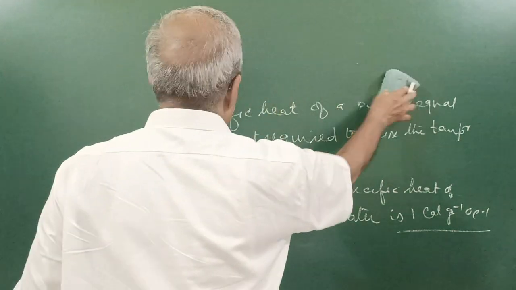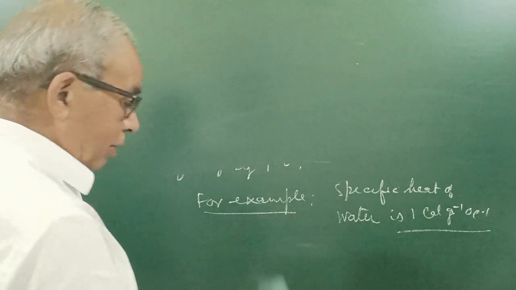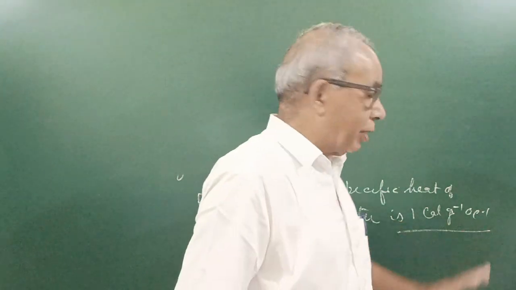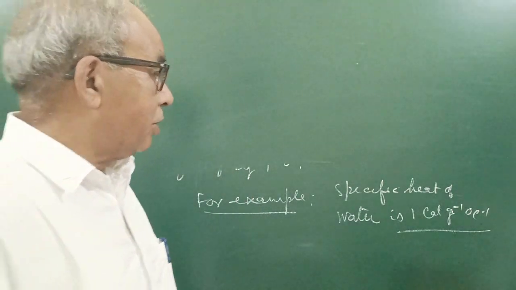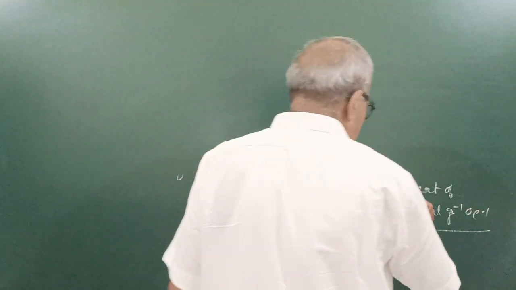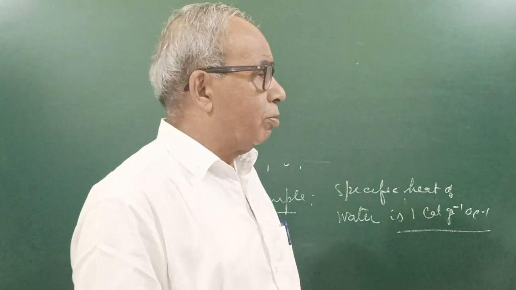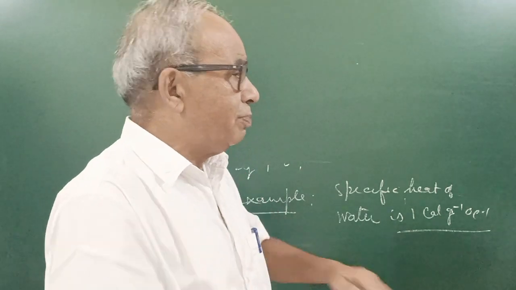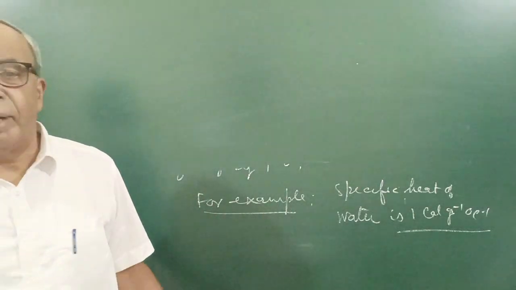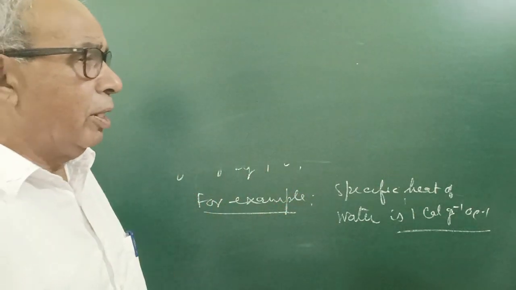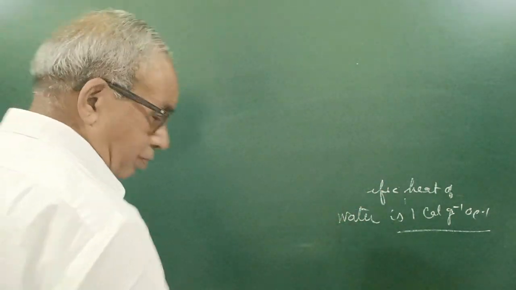What does it mean? The specific heat of water is 1 calorie per gram per degree centigrade, means to raise the temperature of 1 gram of water by 1 degree centigrade, we need 1 calorie of heat. This particular value is, as I told you, from 14.5 to 15.5. Initially, calorie was taken as the unit of heat and was defined like this: the heat required. And this is the maximum specific heat value.